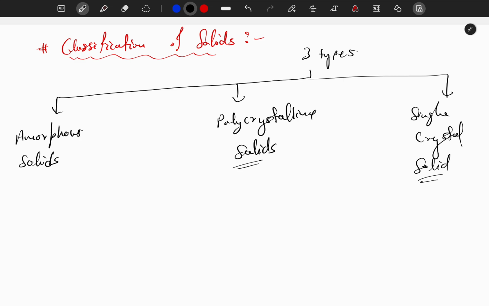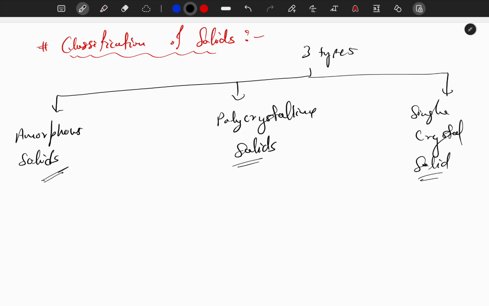The solid can be classified into 3 types based upon the intermolecular forces that bind the large number of atoms into a form which has a volume and definite shape of its own. So these are amorphous solids, polycrystalline solids, and single crystal solids. We will discuss amorphous and single crystal solids in detail, but we will just give a brief definition of polycrystalline solids.